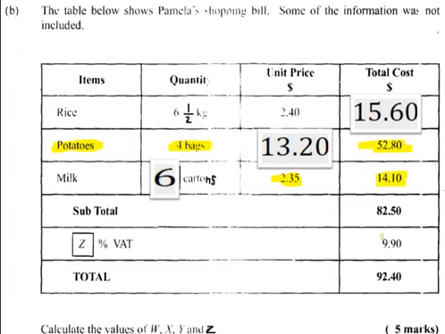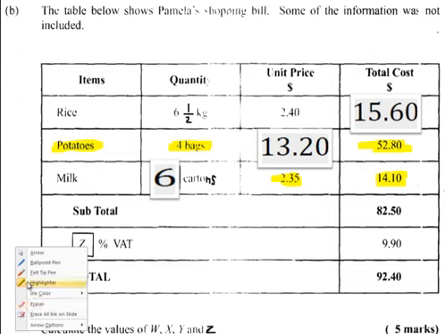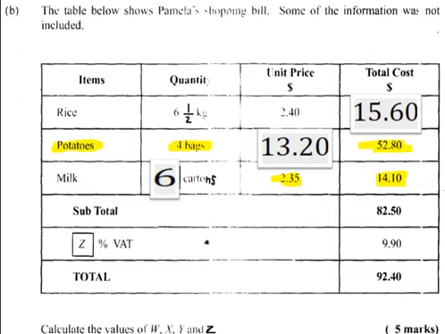So you have Z over 100 multiplied by 82.50, and that is equal to $9.90.